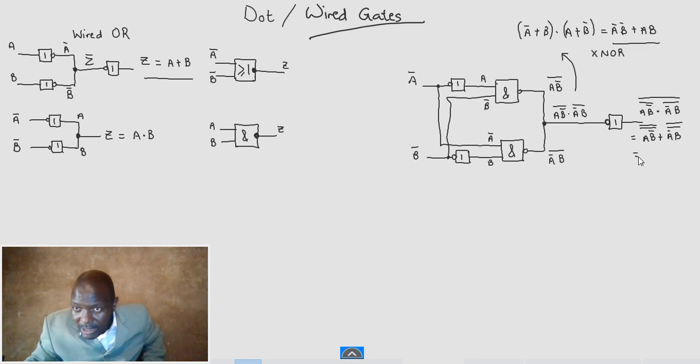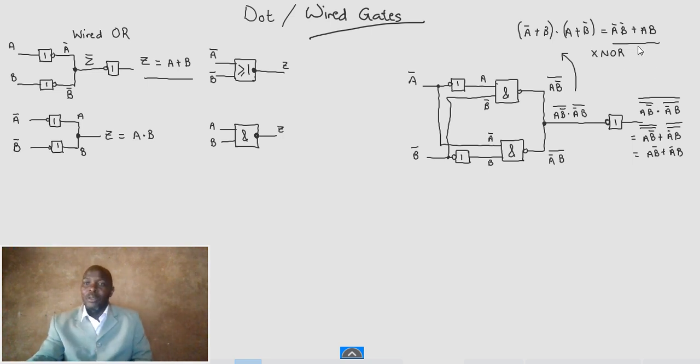If the double lines are taken away, that is A, not B, or not A, B. This is the inequality comparator. The other one was the equality comparator. So this is our exclusive OR gate that uses a wired OR connection using NAND gates.